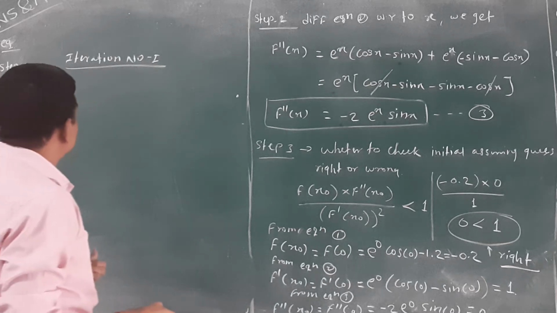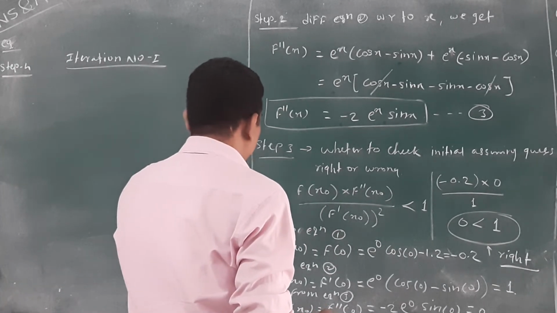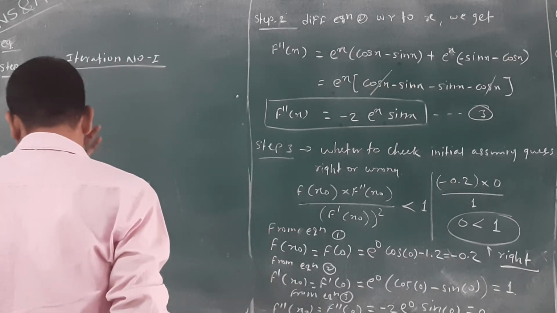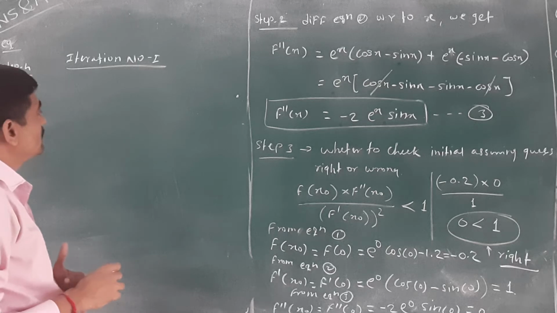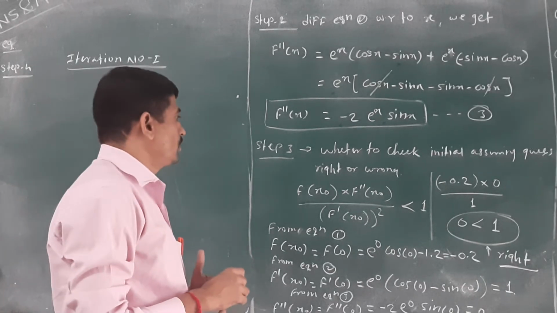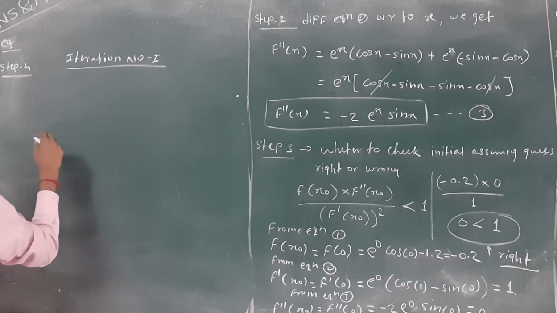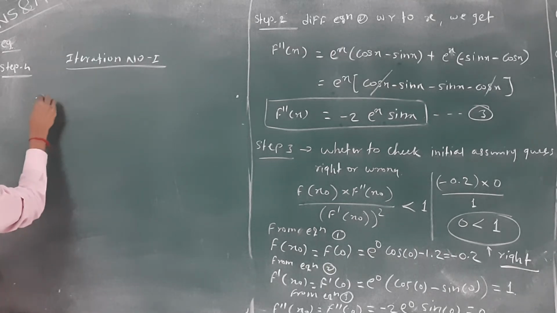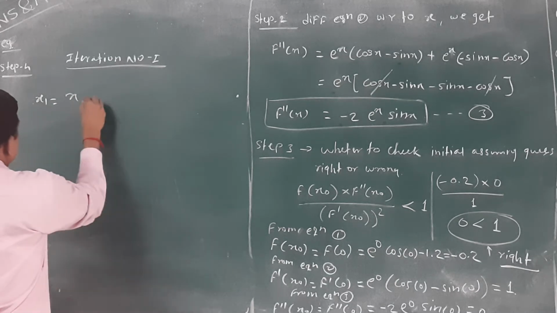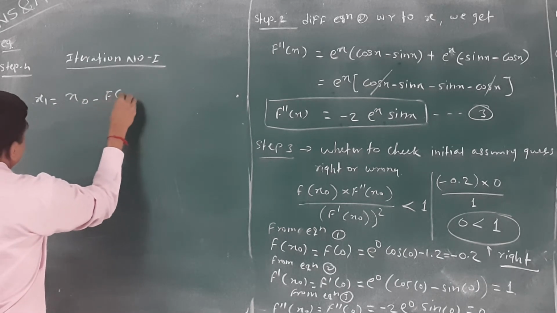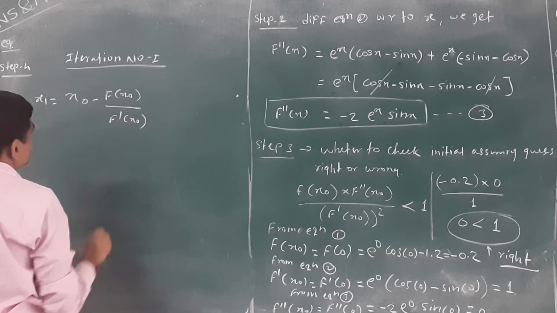Yesterday we saw the Newton Raphson method and checked that formula. We want to calculate the next approximate root using the Newton Raphson method: x1 is equal to x0 minus f of x0 divided by f dash of x0.